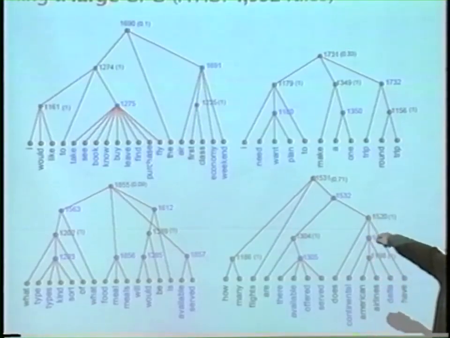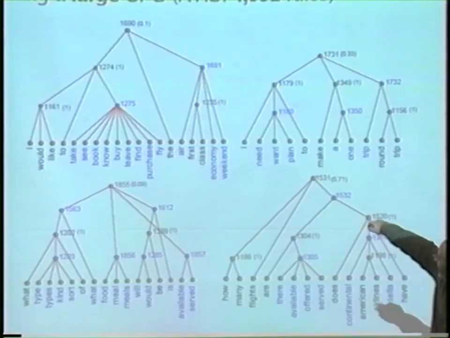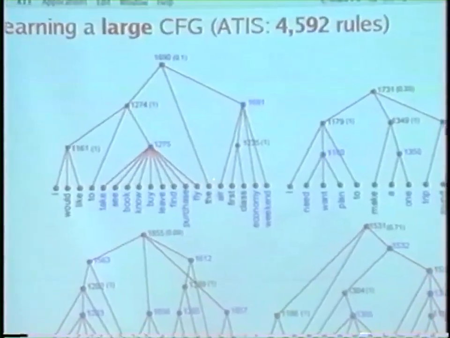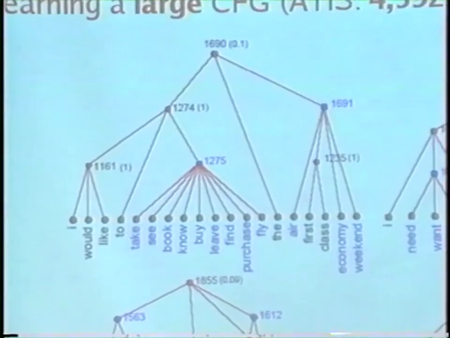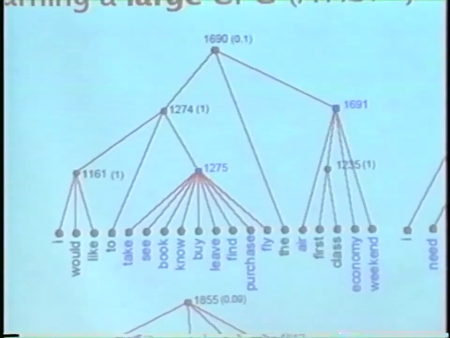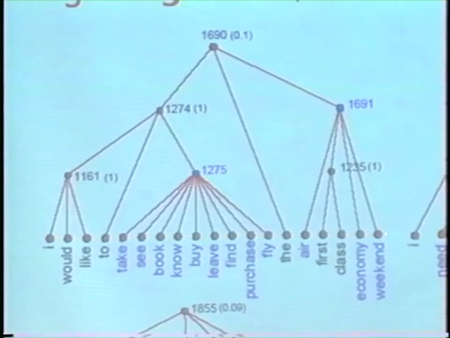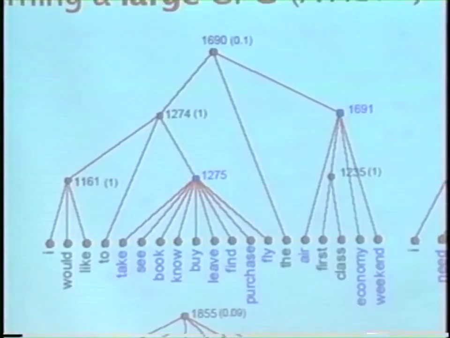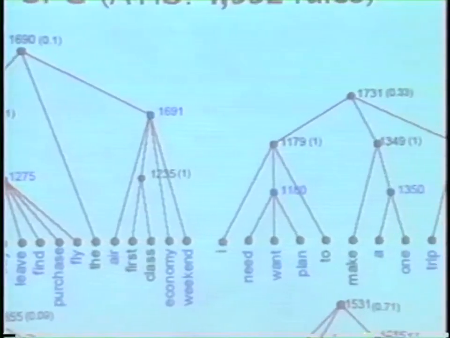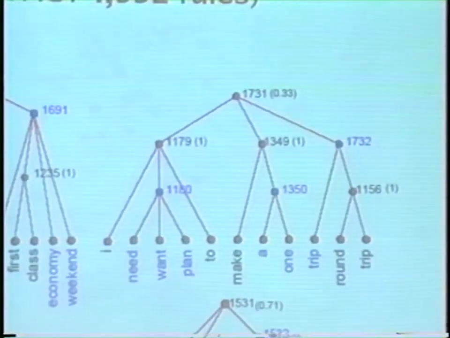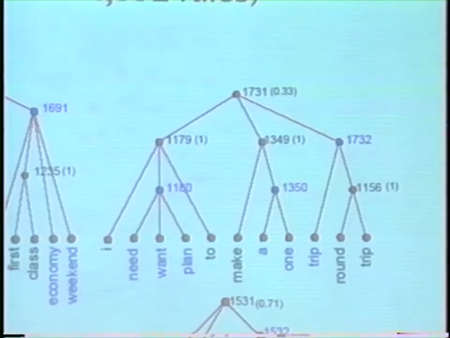And some of the sentences that can be generated here, or described by these patterns: I would like to, this is obligatory, and then one of these, take, for example, I would like to book the first class, something like that. You can look at the other trees here and see that this is your typical kind of sentence you find in the context of trying to book an air reservation.